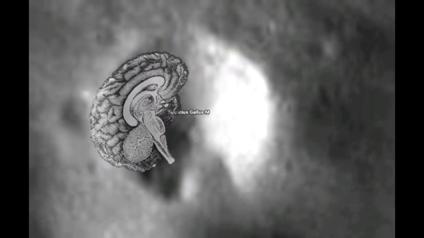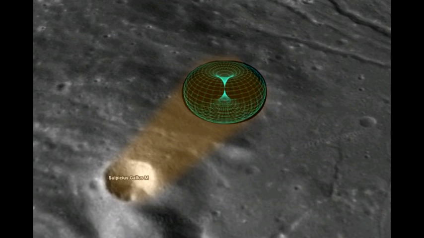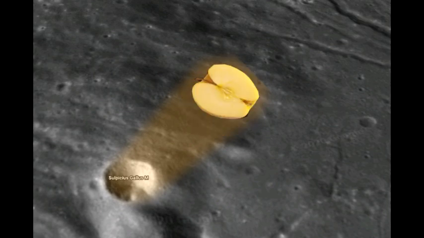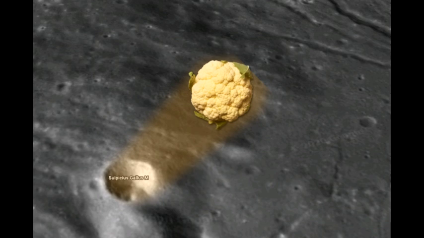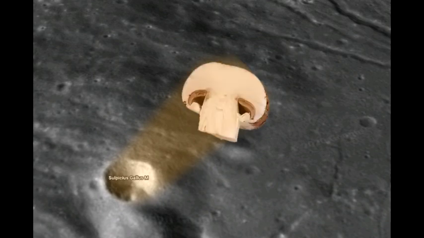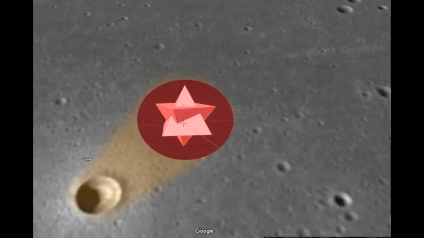You could almost compare it with a left brain and a right brain. Now every biological form created in this crater is following the toroid pattern. So every life form created in Linné is following the counter-rotating pyramid form.